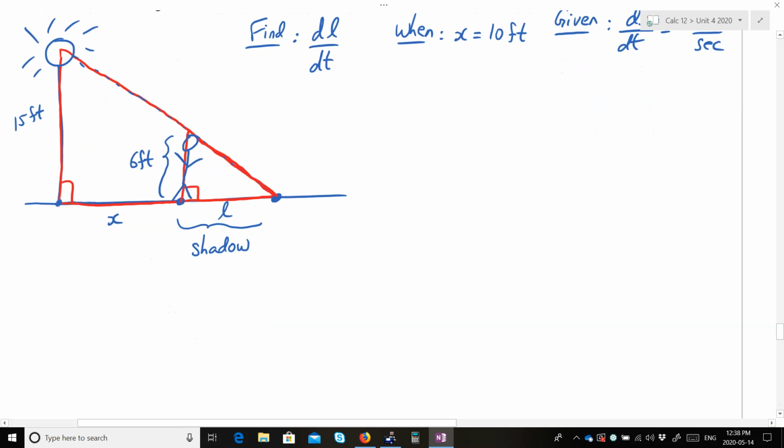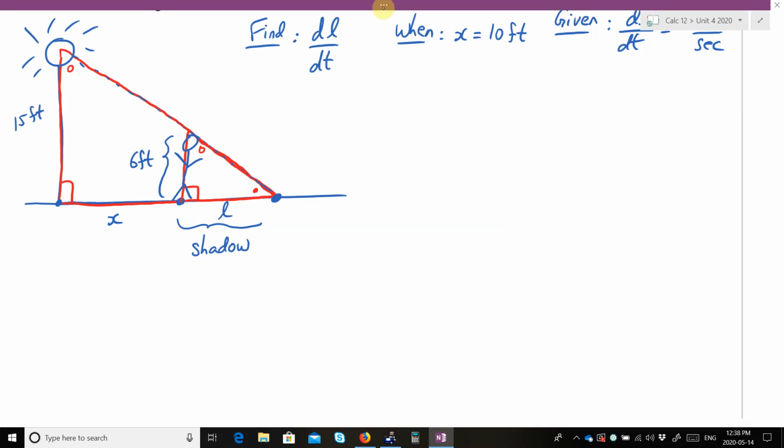They both have a 90-degree angle. They have this angle in common, which forces this angle to equal this angle. And so these are similar triangles. They have equal angles.